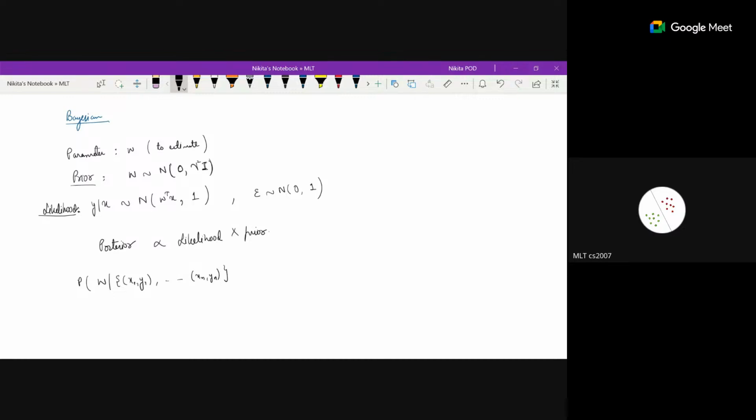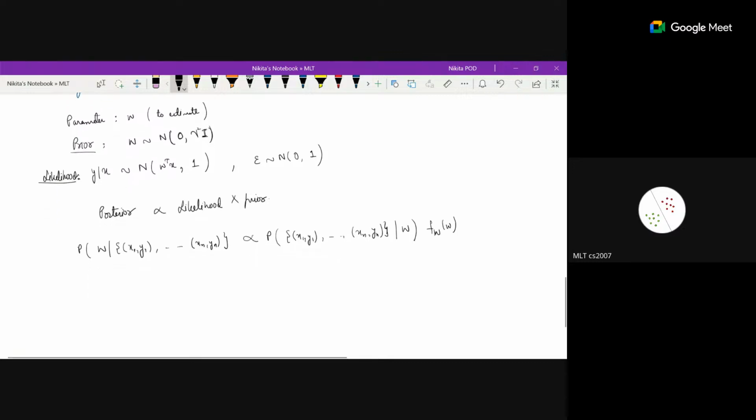This is my posterior. And I know that this is going to be proportional to the probability of x1, y1, x2, y2, so on to xn, yn, given this W, so this is my likelihood, and the prior is f_W of W. So I know that my likelihood follows a normal distribution, so we can just write this.